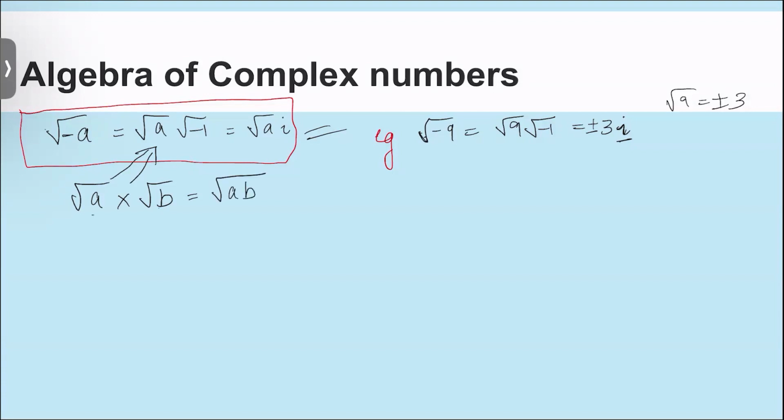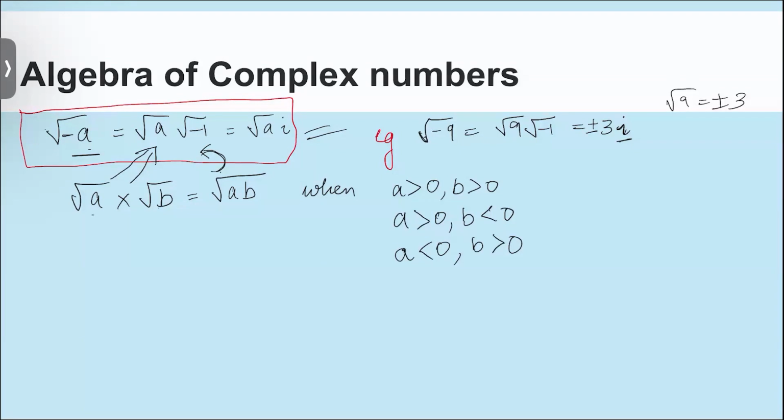This is the inverse representation of what we have done over here. This is valid when a is positive and b is positive. It is also valid when a is positive but b is negative, or a is negative but b is positive.